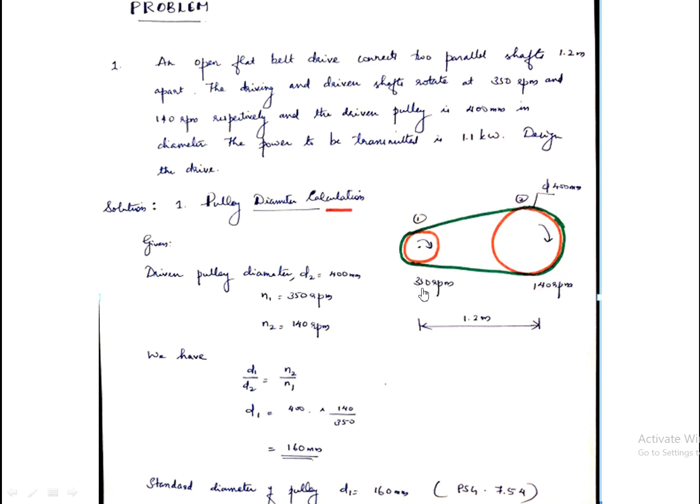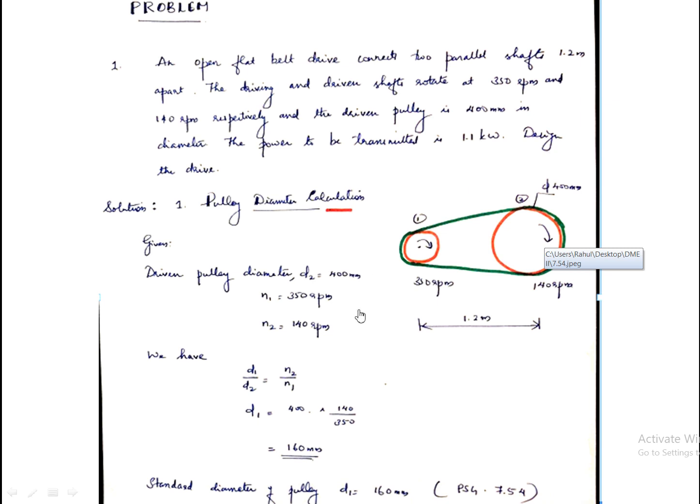So therefore this is your n1 and this one is your n2. Okay, and in addition to this one, the diameter of this pulley is also given, which is 400 mm, right? And in addition to this one, the power to be transmitted is given, which is nothing but the rated power, that is 1.1 kilowatt. Fine.